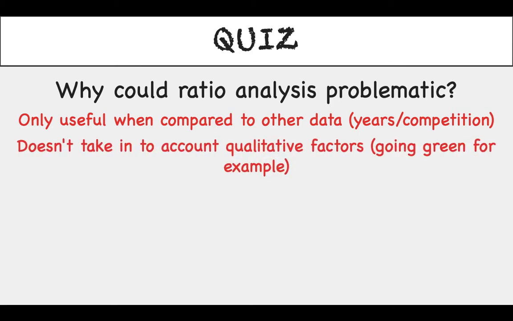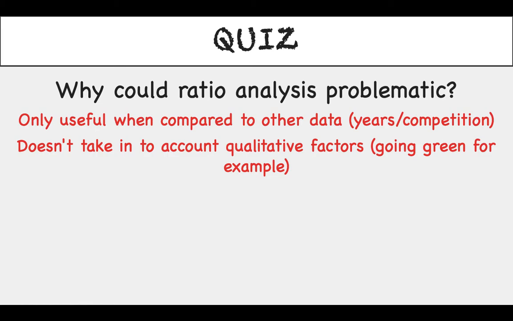It doesn't take into account any qualitative factors, so maybe margins have gone down, maybe ROCE has gone down, but that's because the business is trying to be green, or maybe they are growing rapidly, or maybe they've just entered a new country. So there's no account or explanation of why the data's changed. That would require further research from the business themselves.